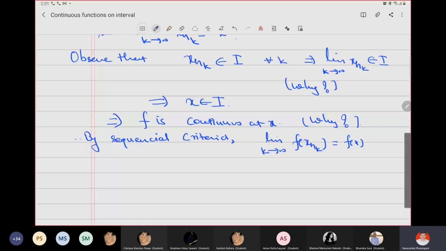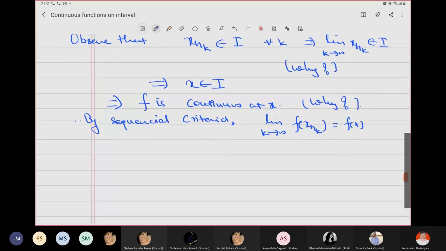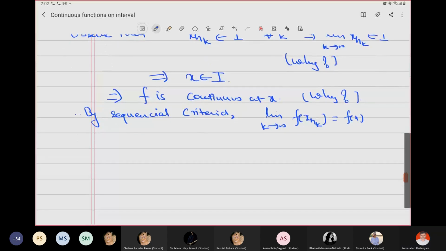So f of xn k converges to f of x by the sequential criterion.